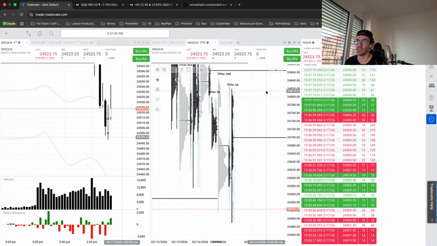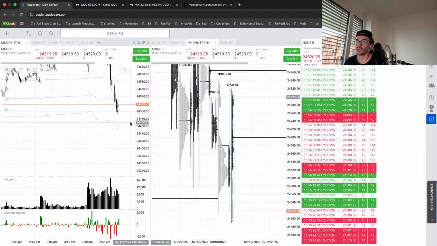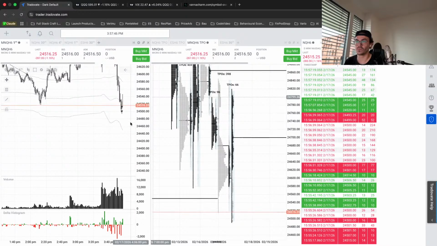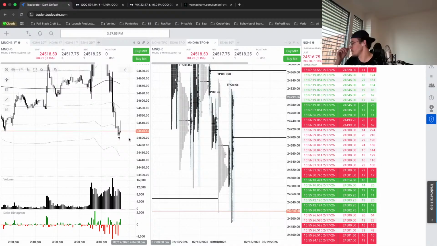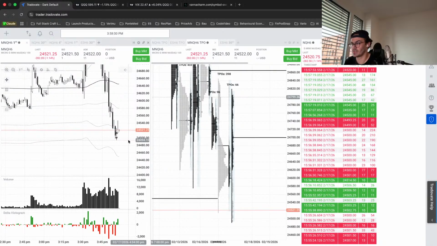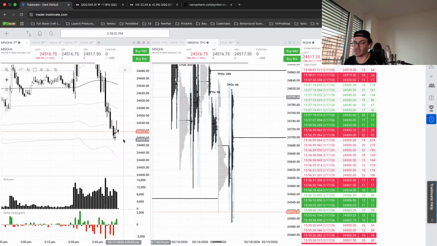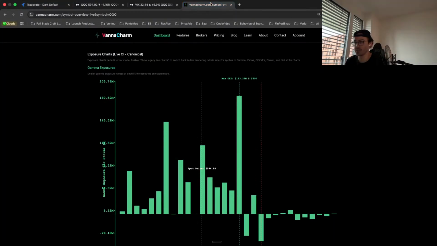So this was about a 15-point stop. So I'm still up 35 points on the day, which is not much at all, but the point here was more to show the tool itself in action and how I use it.